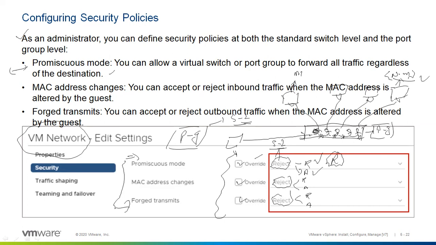But now you say, sir, for this particular port group I want to override the setting. Check override and select accept from the drop-down option. When you accept it, traffic will start broadcasting to all the ports. If you feel any vulnerabilities have happened, or anybody is trying undesired access to my VM available in this port group, or who wants to do some level of monitoring, then we will enable it.